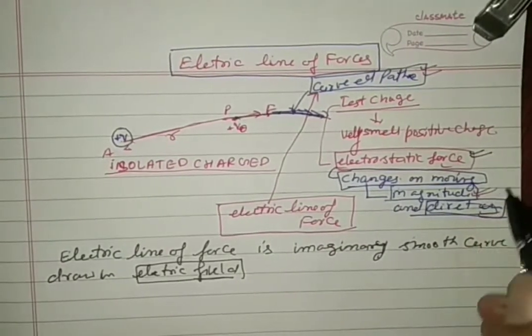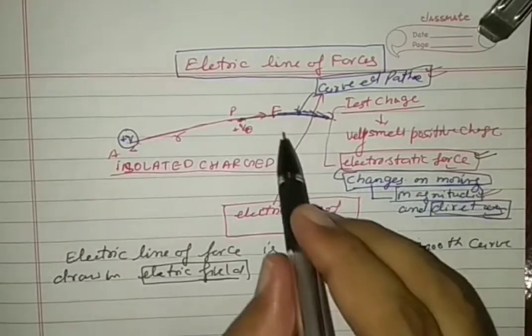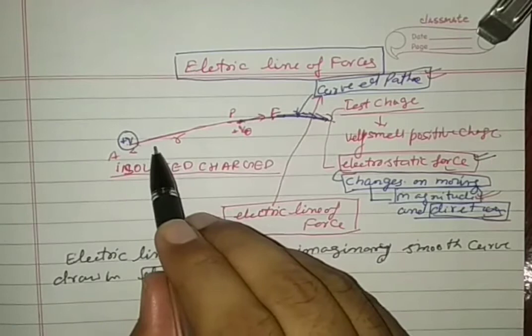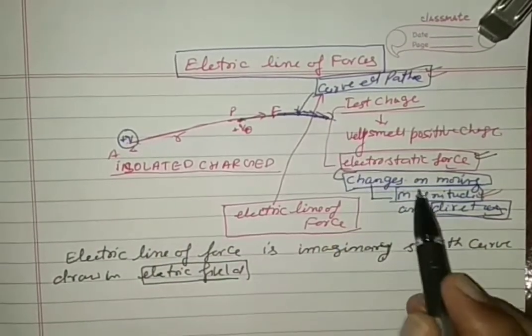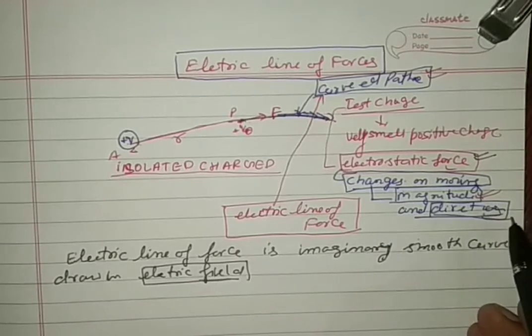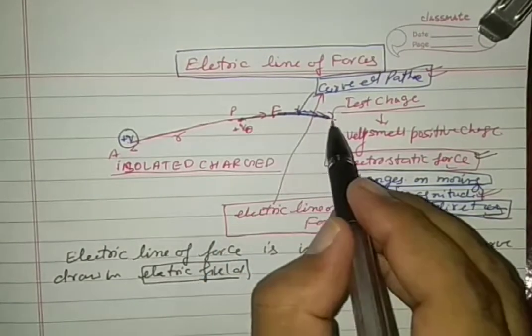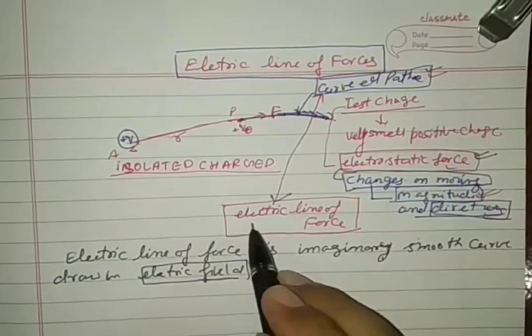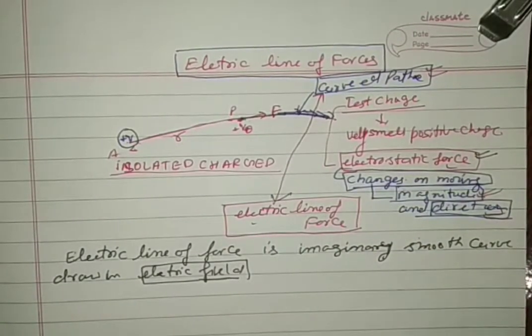This electrostatic force changes on moving, acting on the charge, so it moves. Here in this particular case it moves away. So this electrostatic force changes in both magnitude and direction. As a result, it forms a curved path. This curved path is called what? Electric line of force.